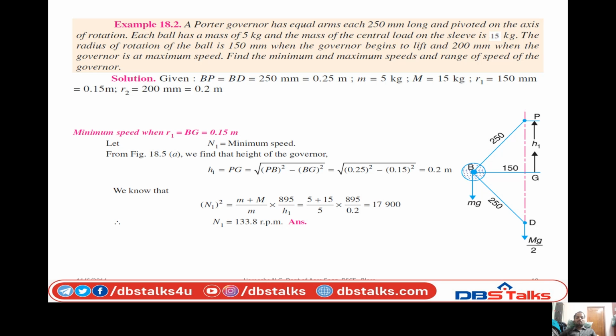So you just replace the terms, n squared or h, reversely. If you place h there, we can find out n. If you place n there, we can get h. So that is the basic formula.